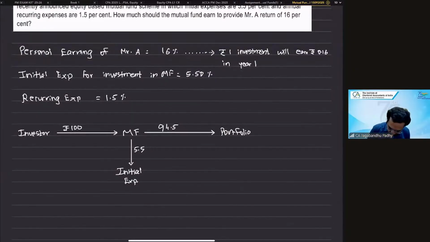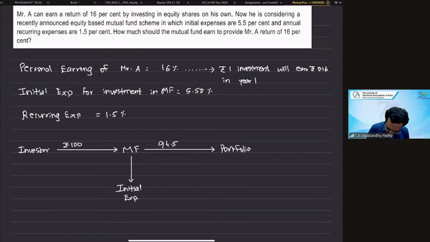So out of 100, 5.5 rupees goes into initial expense and 94.5 goes into the portfolio. Now the portfolio is going to perform, and generate some sort of returns.